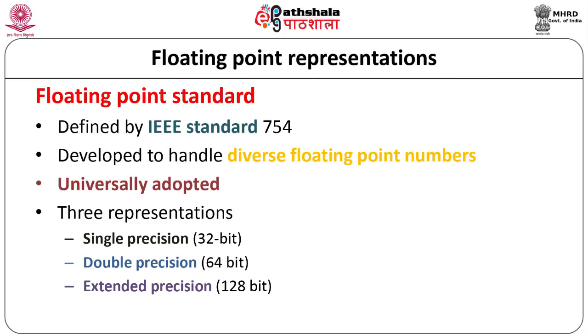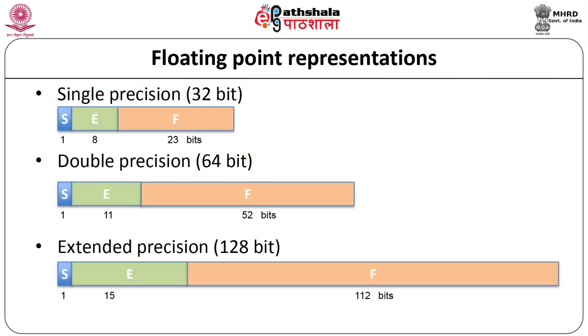These are single precision, which utilizes 32 bits, double precision, which utilizes 64 bits, and extended precision, which utilizes 128 bits of storage. The 3 basic binary formats have bit lengths 32, 64 and 128 bits. We can represent floating point numbers with 3 binary fields: a sign bit S, an exponent field E and a fraction field F. The exponent has 8, 11 and 15 bits respectively.